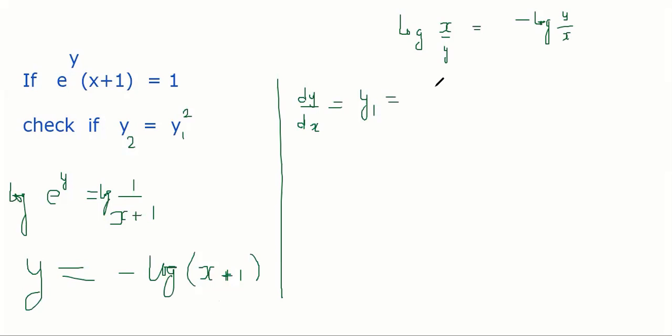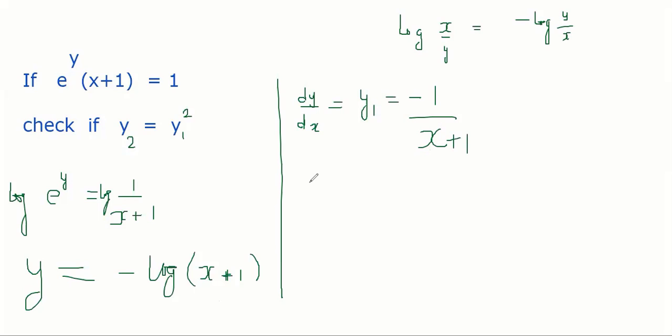Differentiation of log x is 1 by x, right? So 1 by x plus 1 into differentiation of x plus 1, which is 1 only. And the minus stays. So that is my y1. Everybody agree?